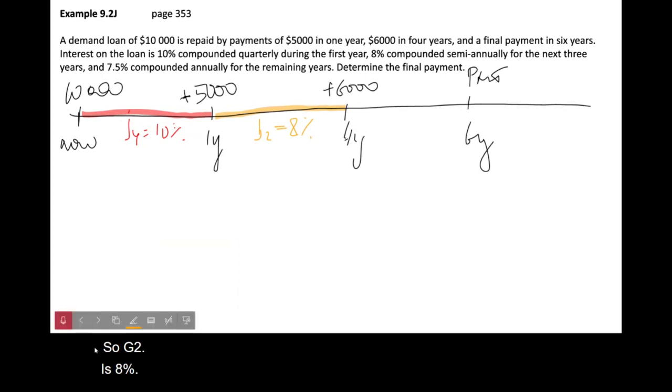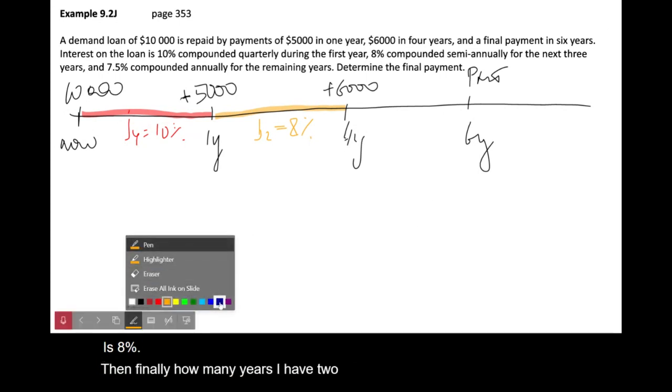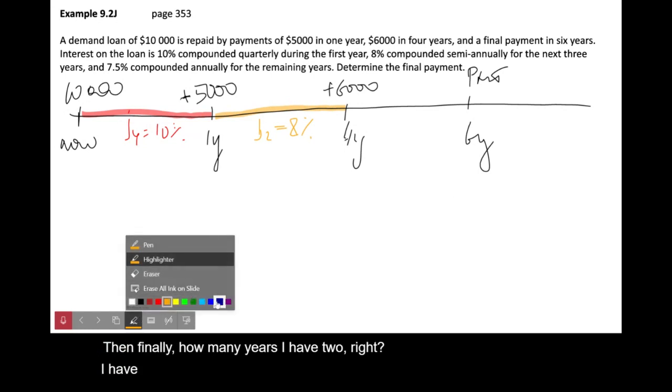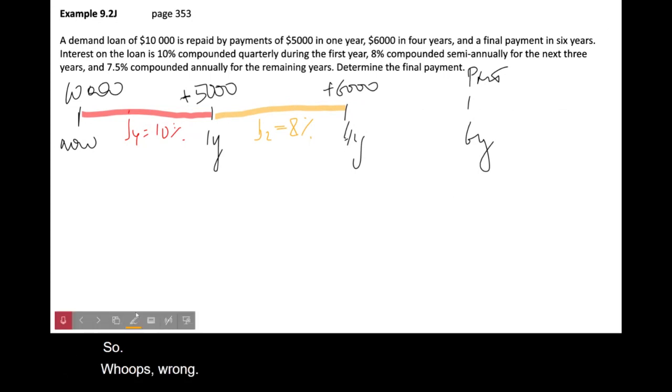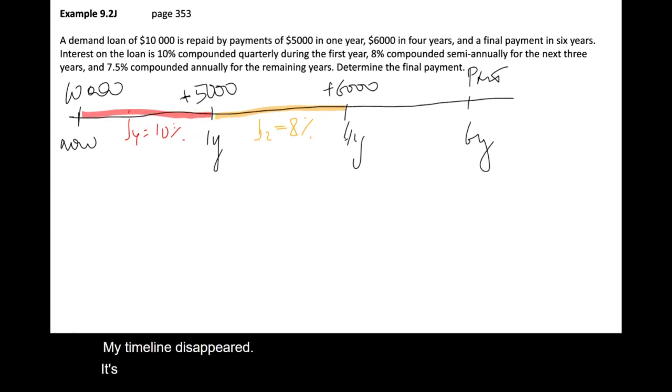And finally, how many years I have? 2, right? I have 2 years. Oops, wrong. My timeline disappeared. It's okay.